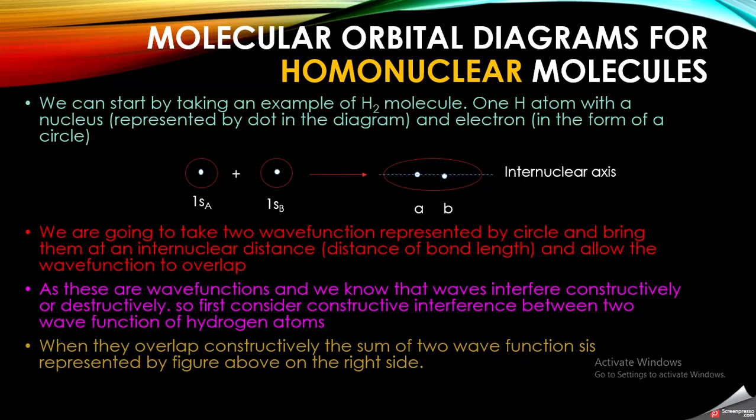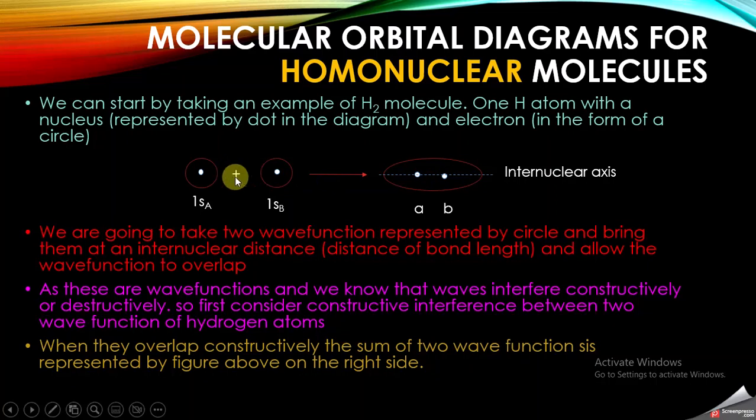So when these two wave functions, 1sA and 1sB, overlap, for example, if they are added together and interfere constructively, then they will form a new wave function like this. Combining these two atomic wave functions forms a new wave function, and you will see that this wave function has a probability density which has increased in the center between these two nuclei.